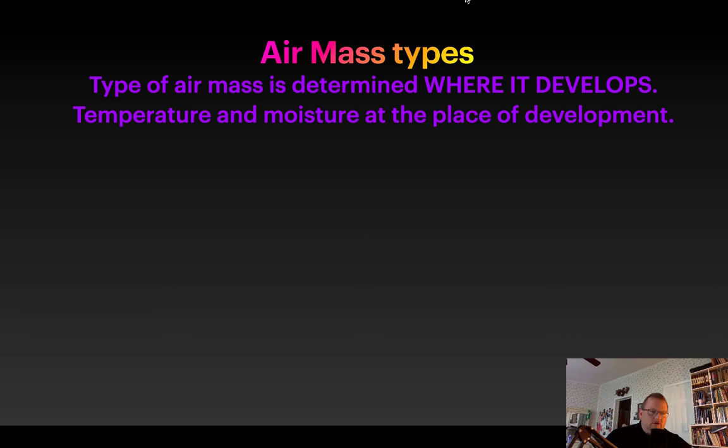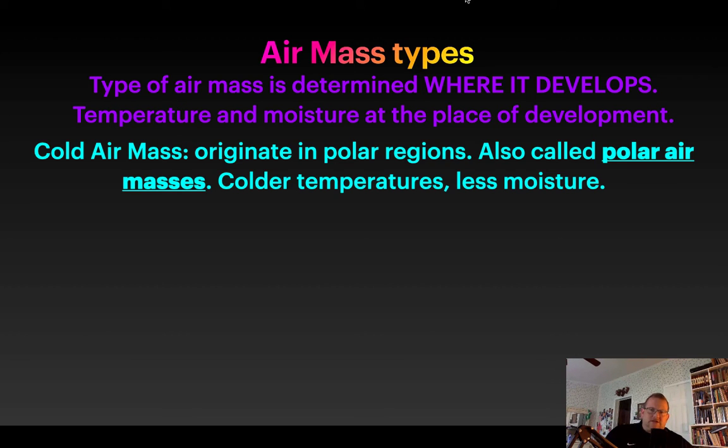For starters, I know this is going to sound a little confusing, but let's try to put this together. Cold air masses originate in the polar regions: Alaska, northern Canada, the North Pole, South Pole, Antarctica. That's where these cold air masses start and make up. Most cold air masses have colder temperatures and less moisture.